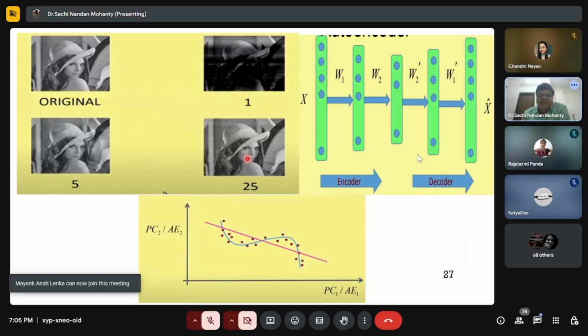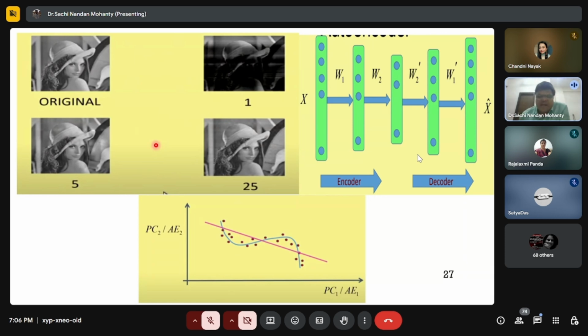That means the original images are mostly equivalent to the output of the images with principal component 25. So you can see they are very, very close. So principal component analysis is basically used when your data is linear.